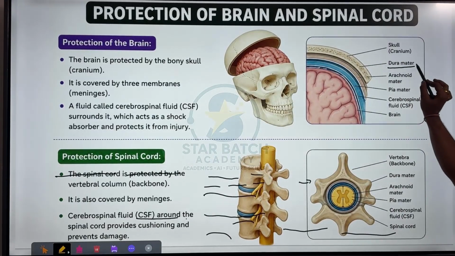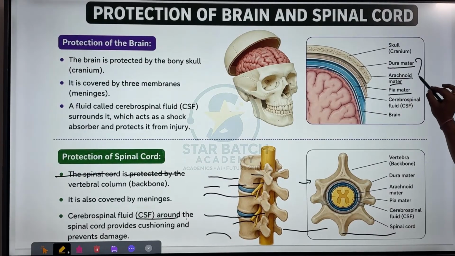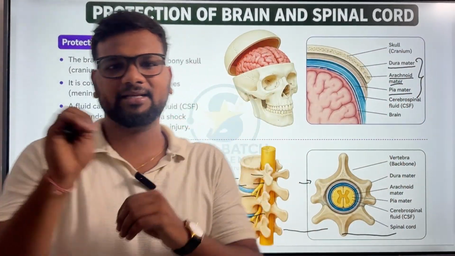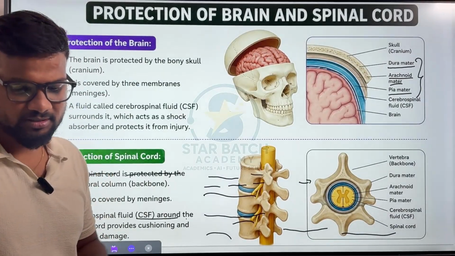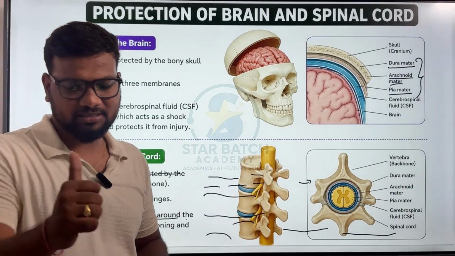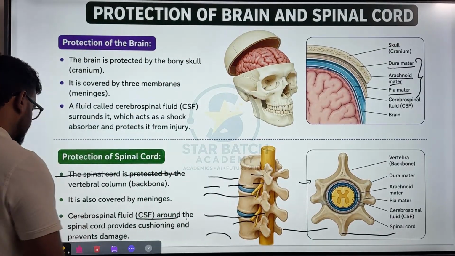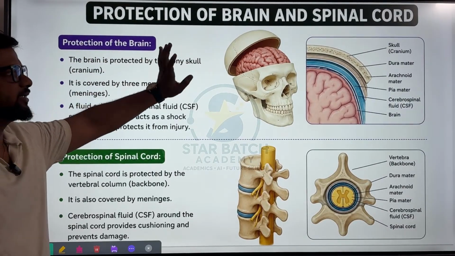See, dura mater, arachnoid mater and pia mater. So these three are the meninges which protect the brain. Okay, clear? Those who have cleared, thumbs up. Okay, give a thumbs up once you understood the doubt. Okay, dura mater, arachnoid and pia mater.